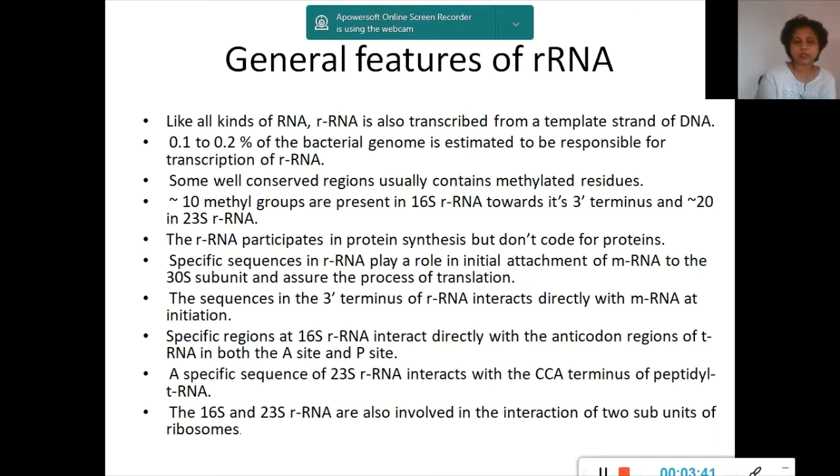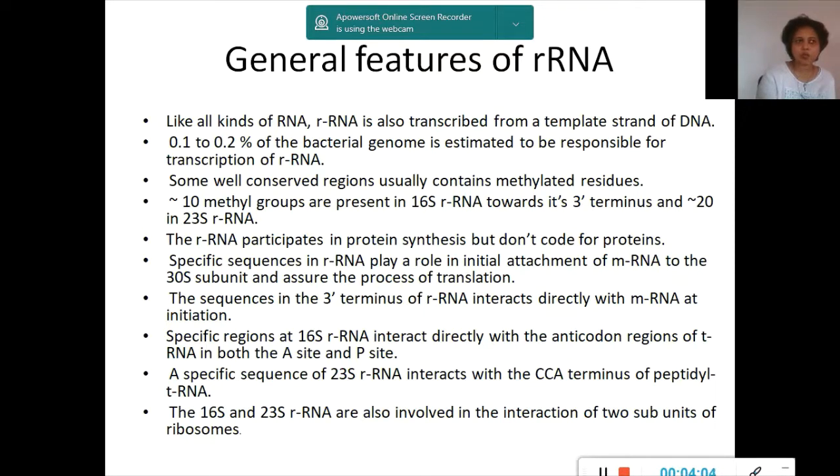In the anticodon region, there are certain specific sequences, and these specific sequences interact with specific regions of the 16S rRNA. And the 23S rRNA regions interact with the CCA terminus of the peptidyl tRNA.